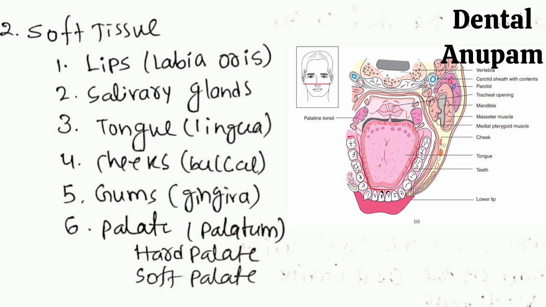Next is the gums or gingiva. Gingiva are tissue that cover the alveolar process and encircle the necks of teeth. They are composed of dense fibrous tissue and adherent to the periosteum of the alveolar process.